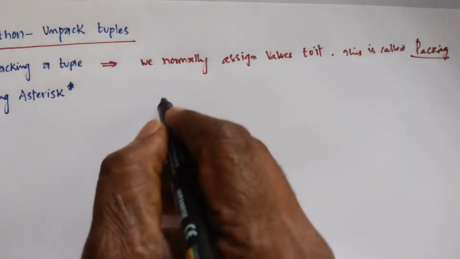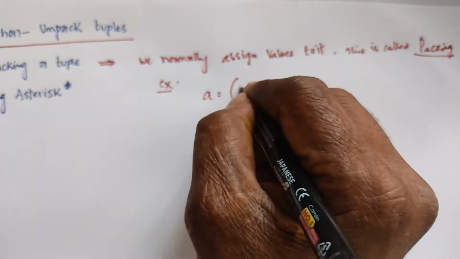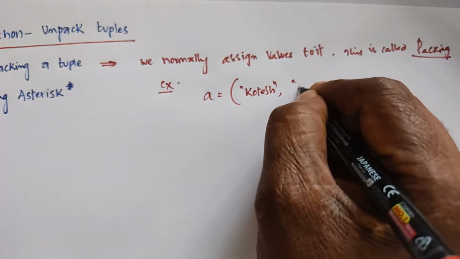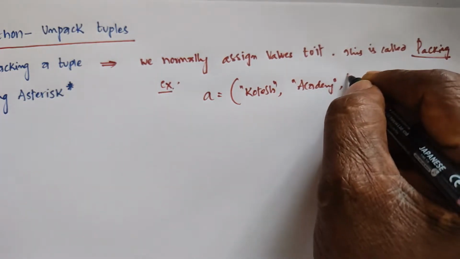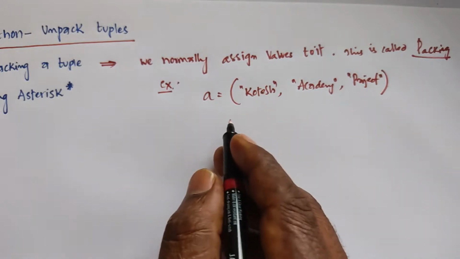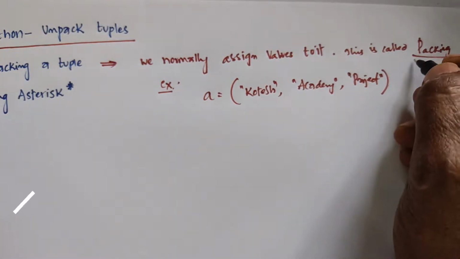For example, example 1 is here. A is equal to, we have these items: one is cottage, academy, next one is project. So different items can be represented in a variable with the help of brackets. This is nothing but packing a tuple.